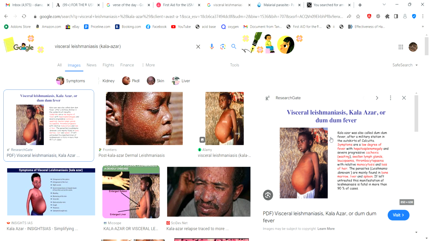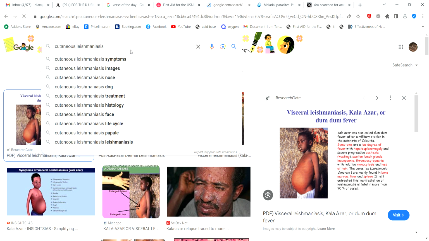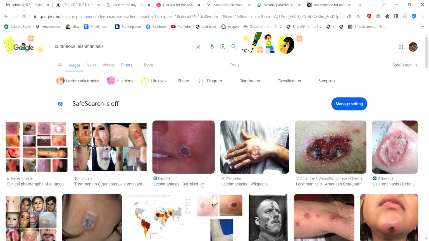And this is skin ulcers, okay? Skin ulcers, which you can see right here. So these are the skin ulcers.